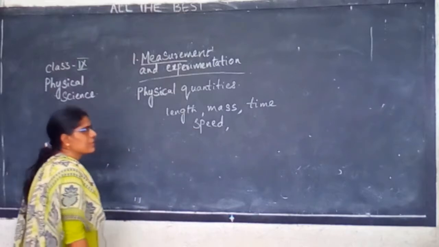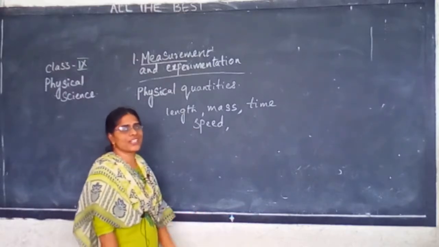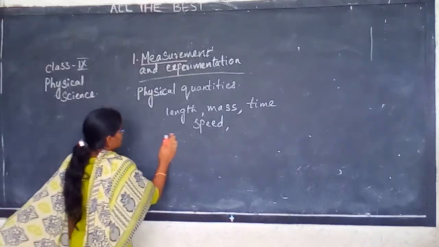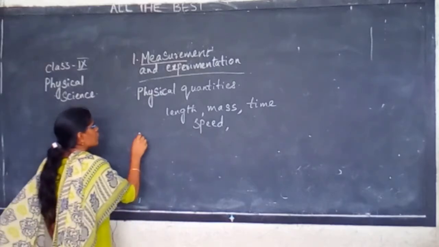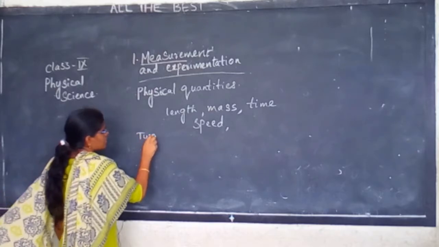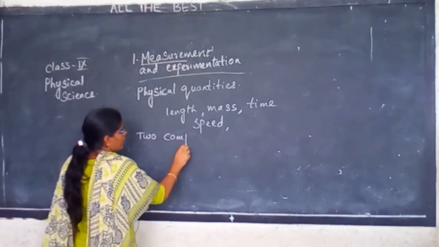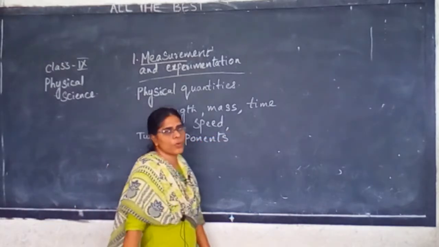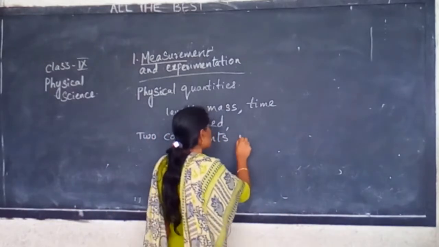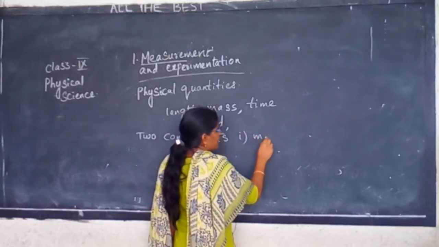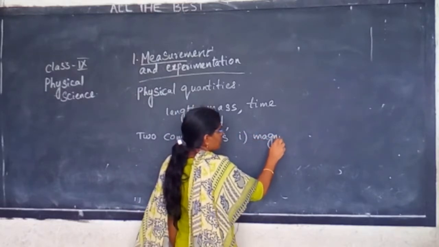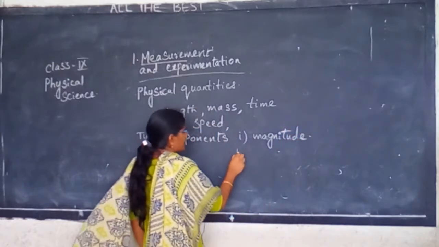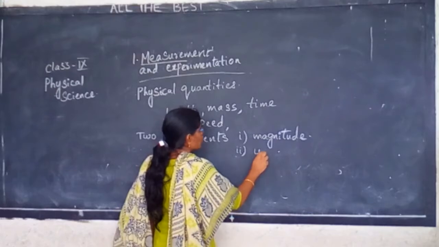Now here there is a formula to represent any physical quantity. Any physical quantity has two components. One is magnitude, and the second one is unit.